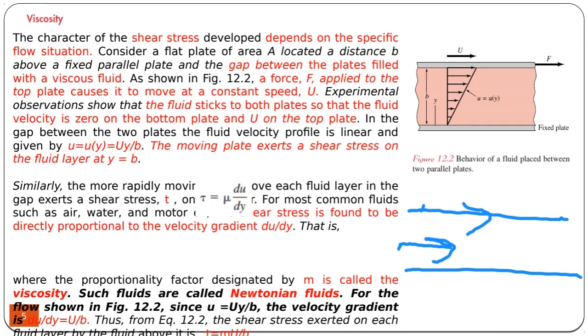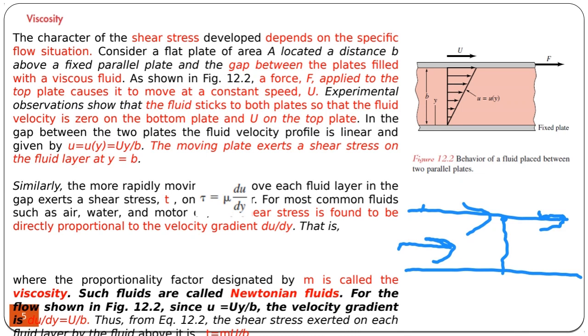What happens if we move the upper plate? It will cause the fluid to move as well, because fluid molecules stick to it. So their velocity must be equal to the moving velocity. At the bottom, because the bottom one is stationary, the velocity must be 0.